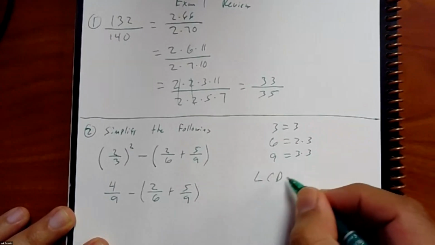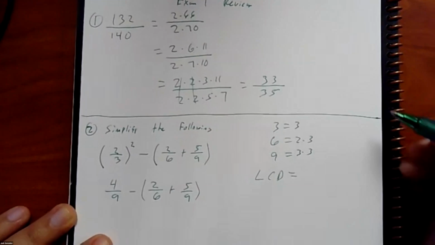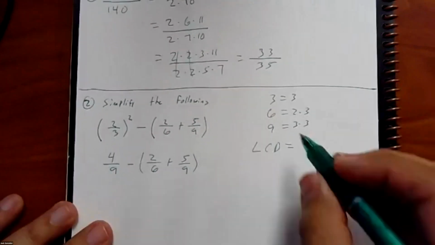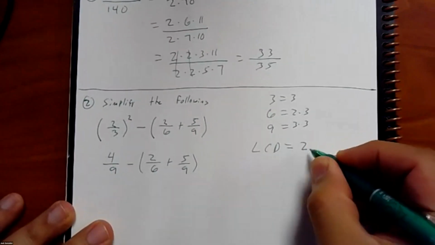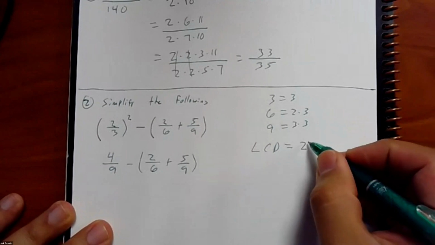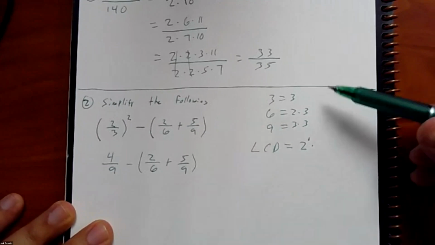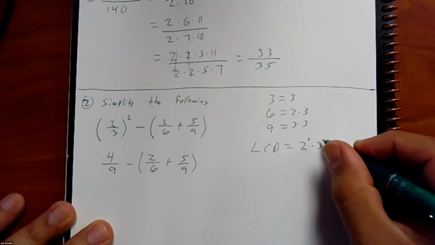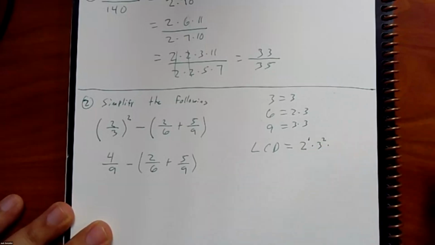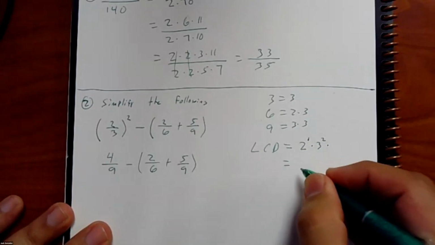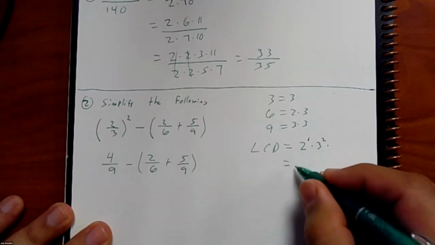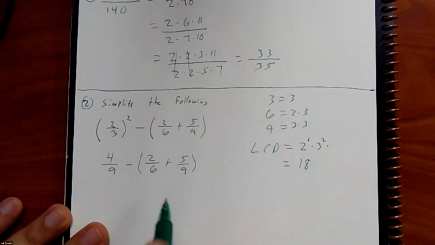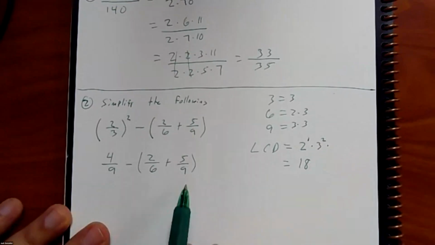So LCD will be, start with the smallest number. 2 only appears once in any given location. So 1, 2. 3 appears once, twice. So the most number of times it appeared in one spot is twice. There's no other factors. So LCD will be 2 times 9. So change all these into 18.